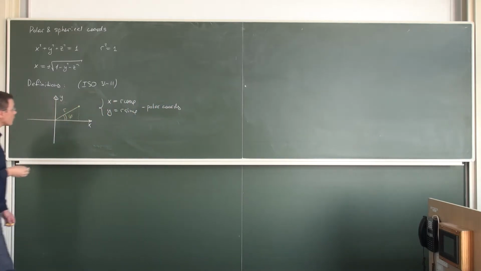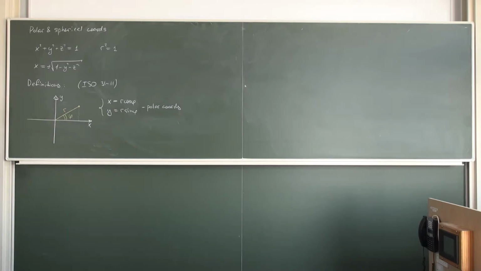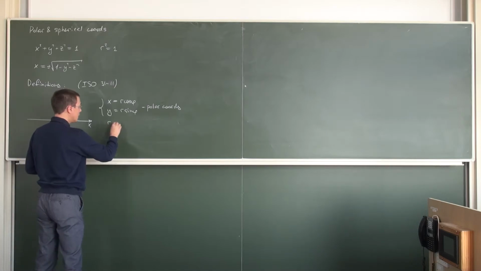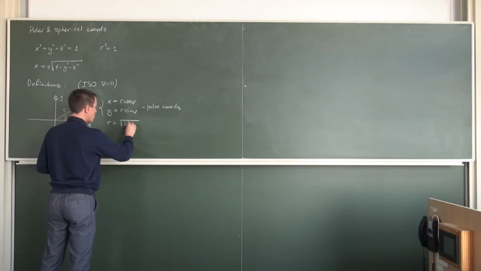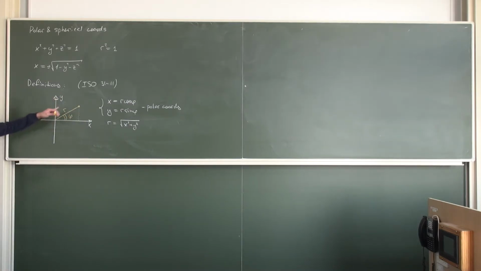We can do the inverse transformation as well. You remember again from basic trigonometry that r squared here is x squared plus y squared. So r is root x squared plus y squared. Strictly positive because the distance from the origin is always positive.